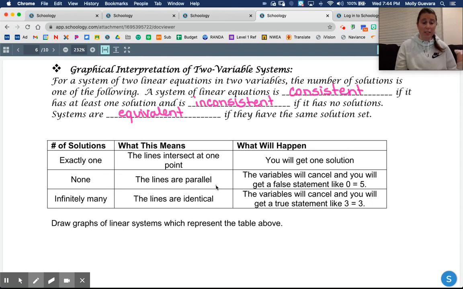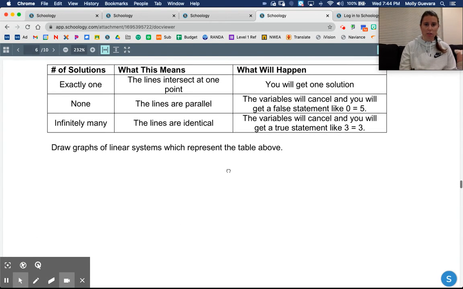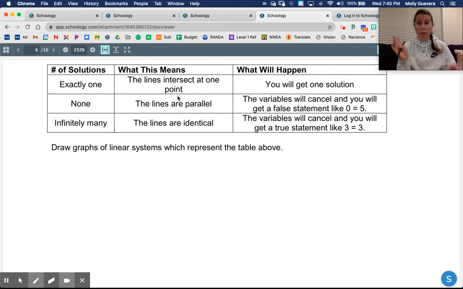So let's look at this. I'm going to scroll down actually, so I can draw it as we do it. Okay. If there's exactly one solution, it means that the lines cross at one point. So when you solve, you'll get x equals a number and y equals a number, and then you'll put it together as a coordinate point.